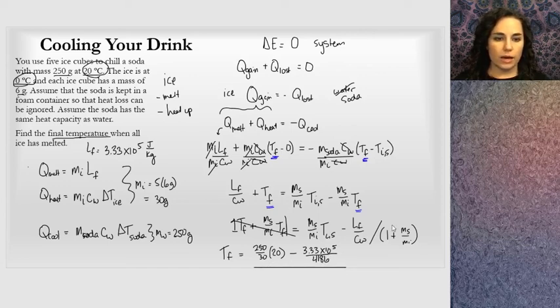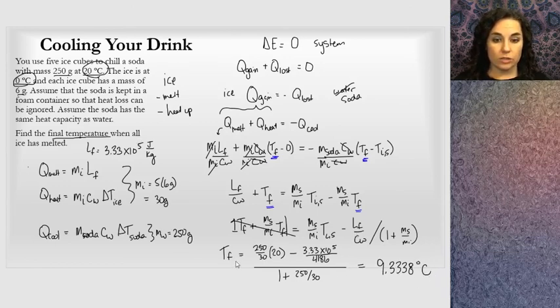I'm going to divide that by this term here, 1 plus the 250 over 30. When I run this through the calculator, I get 9.3338 degrees, and this will be in degrees Celsius.